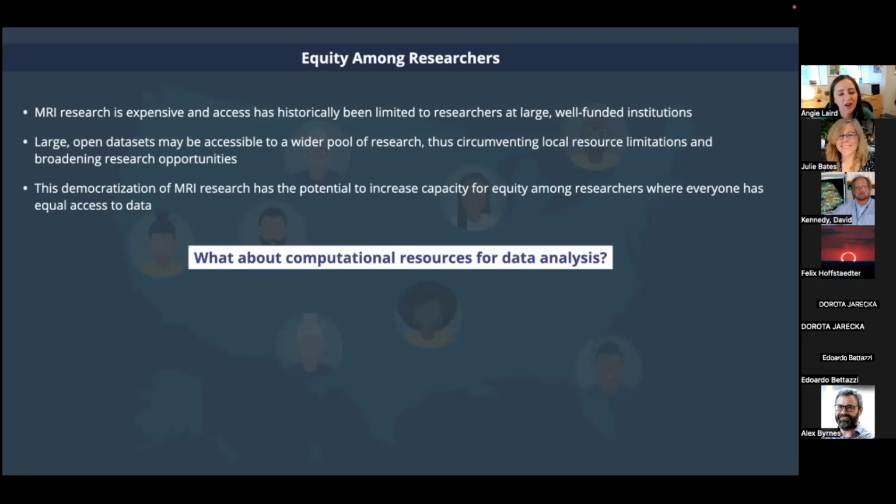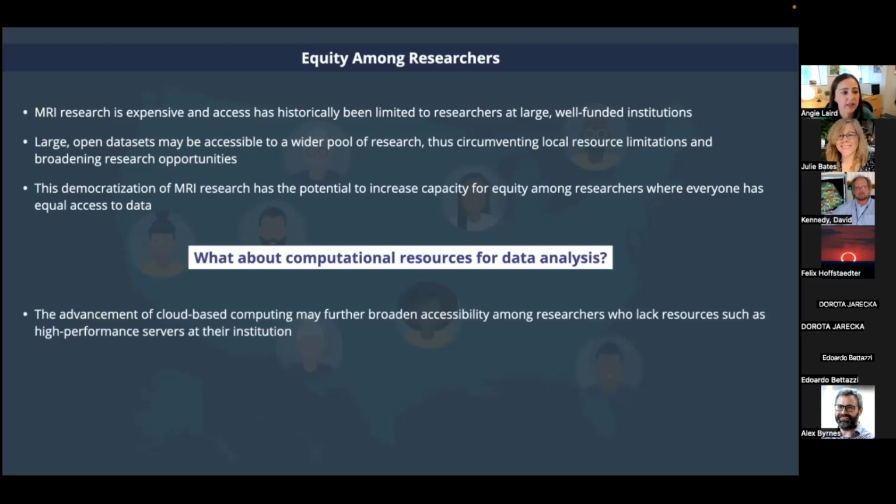But hang on, what about those computational resources? Remember how I mentioned cloud-based computing a few slides ago? Some researchers have pointed out that advances in cloud computing may further broaden accessibility among researchers who lack resources such as high-performance clusters at their institution.